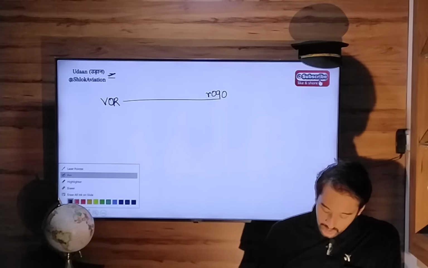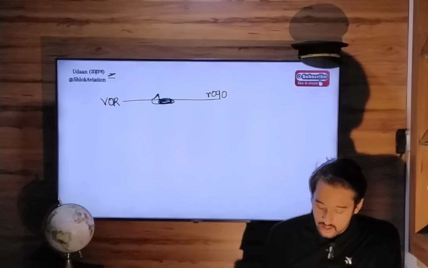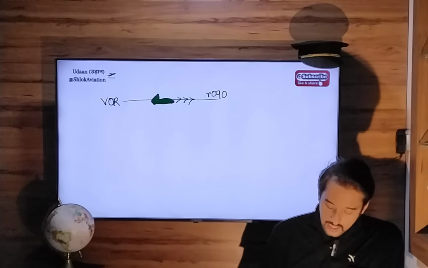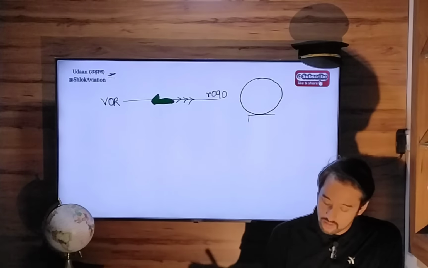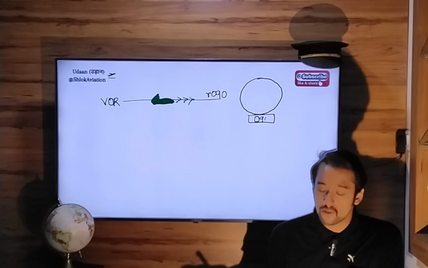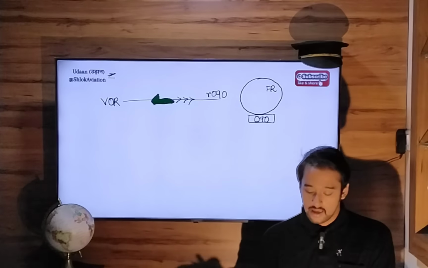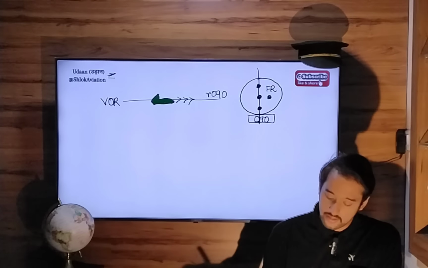So let's say we are going outbound from VOR. The setting in the OBS will be 090. You will have to put that in the OBS selector. Therefore, you will get a FROM indication, and the CDI needle will remain in the center.